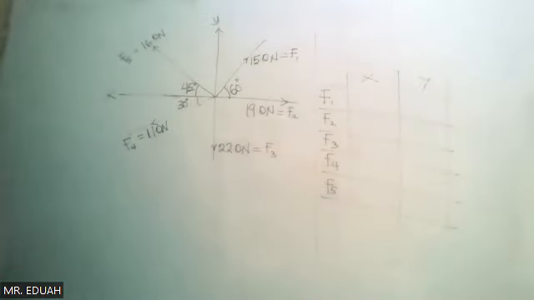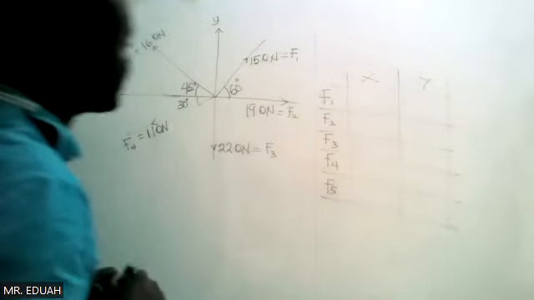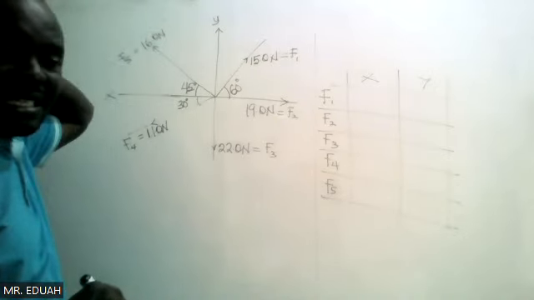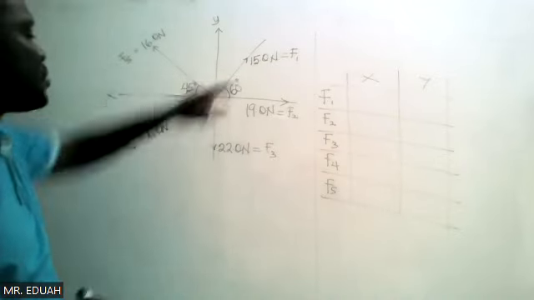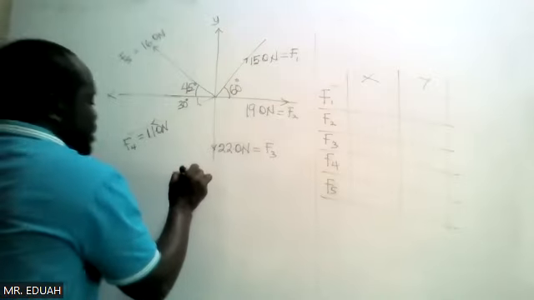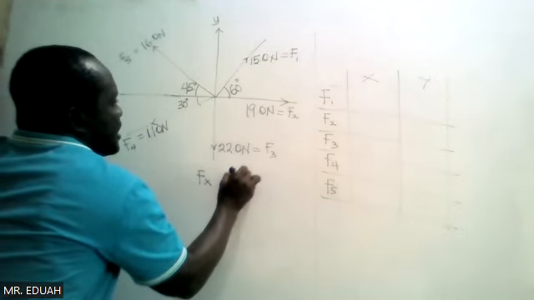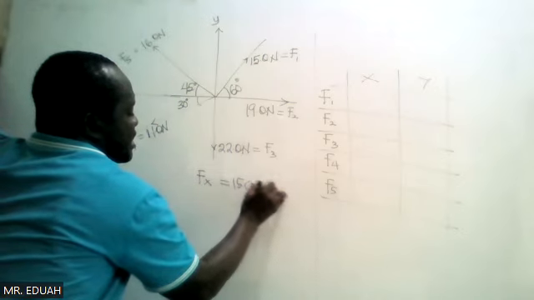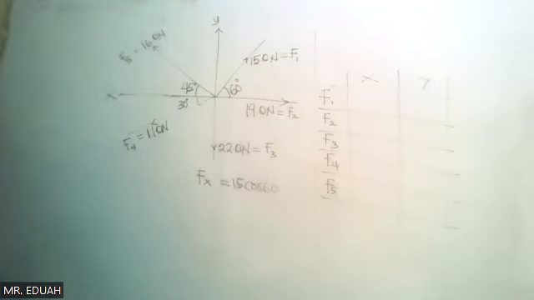Let's begin with F1. F1 acts at an angle of 60 degrees to the X axis, then 30 degrees to the Y axis. So F of X, of course, is equal to 15 times cos of 60, which is the same as 15 sine of 30, don't forget.